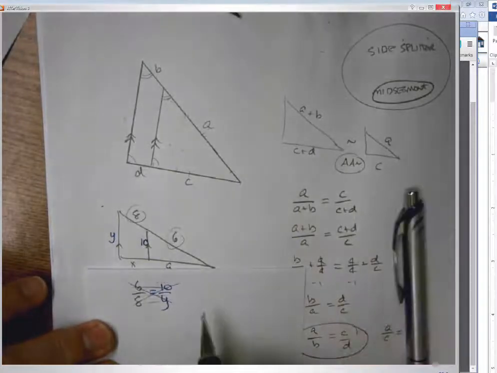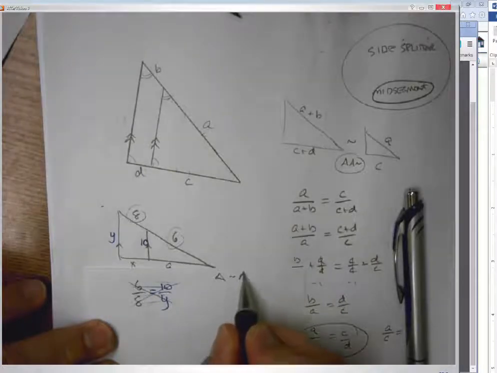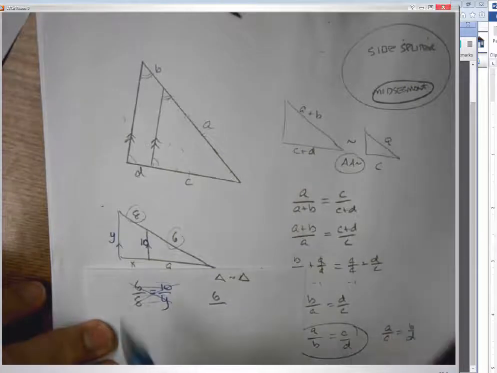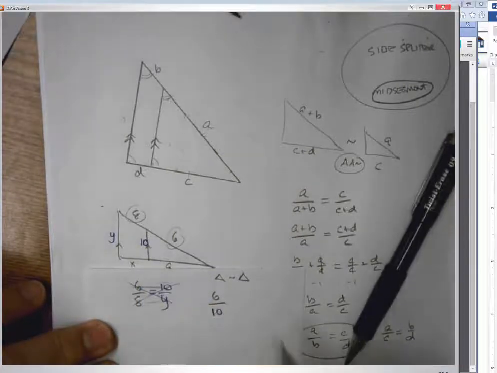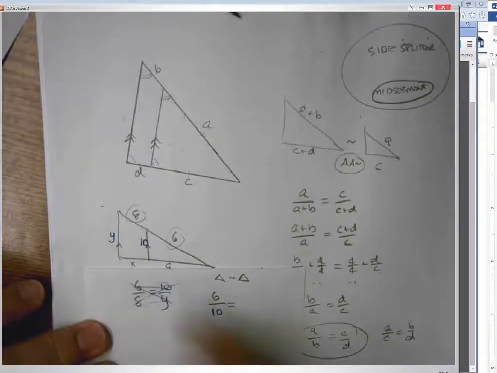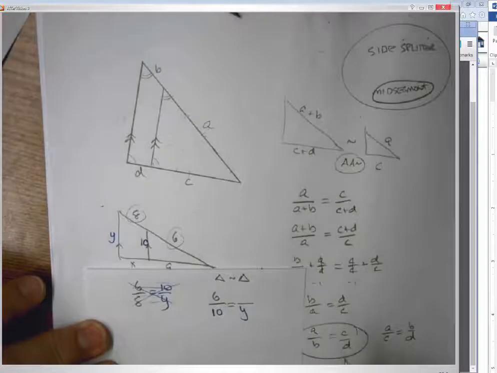Why not? Let's do it by similar triangles. The small triangle has a side length of 6 relative to this side length of 10. In the bigger triangle, I can align my y and the 10 because they're corresponding parts.